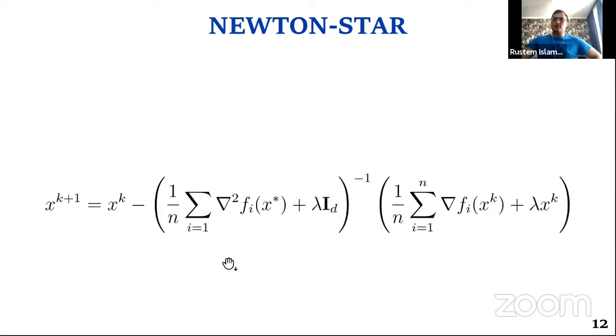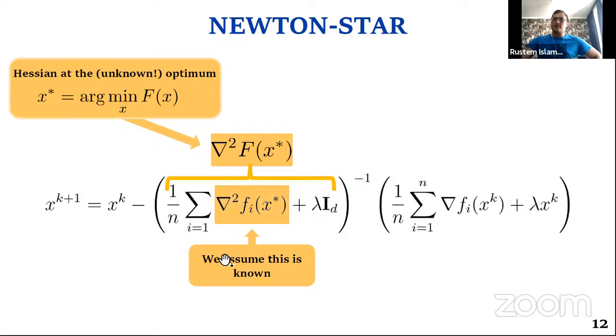It is Newton Star. The only difference from the standard Newton method is that we use the Hessian at the optimum. It is a really simple idea, and for a moment we assume that we know the Hessian at the optimum. So now we need to compute the Hessian just once at the beginning.